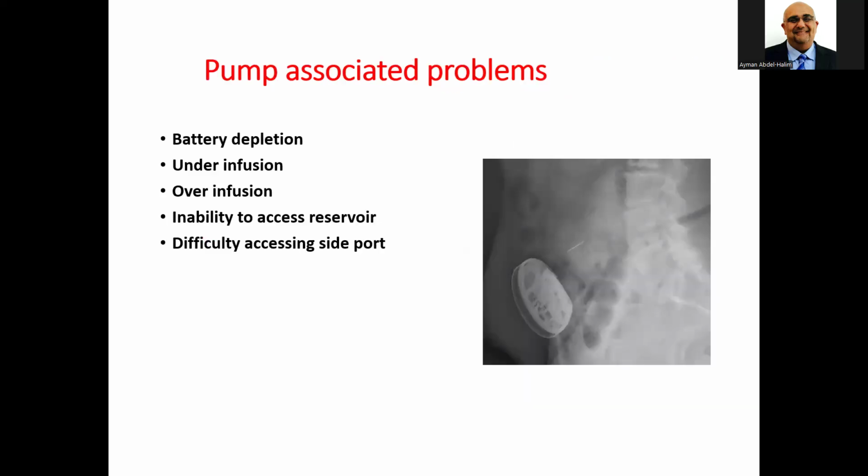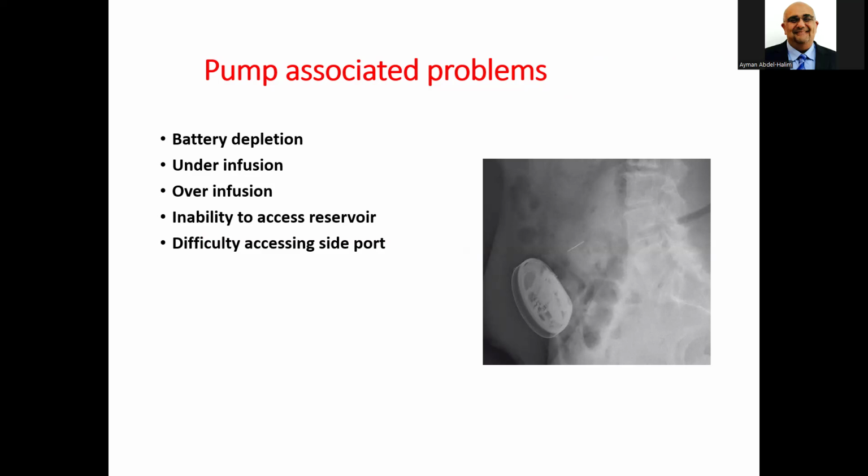These pumps come with complications, and we can divide them into three types. Pump-associated problems include battery depletion, under infusion, over infusion, inability to access the reservoir, and difficulty accessing the side ports.